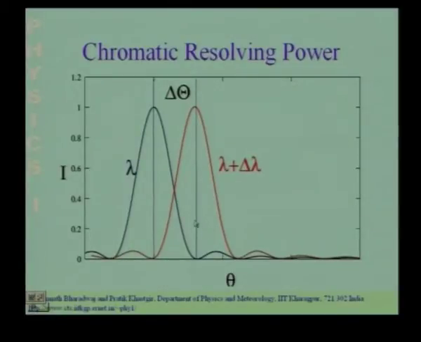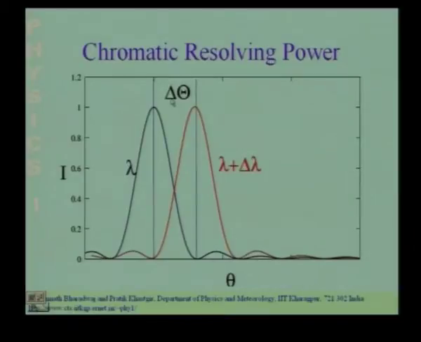In order to say that we can resolve these two spectral features, the shift in the angle should be such that the maxima of the wavelength lambda plus delta lambda at least coincides with the minima of the intensity of the wavelength lambda. So, this shift should be such that this at least coincides with the minima of this.